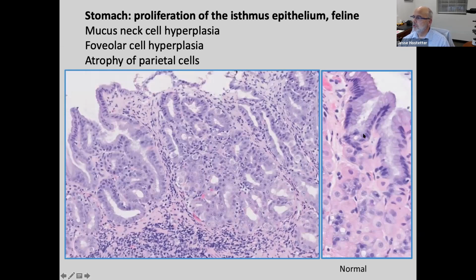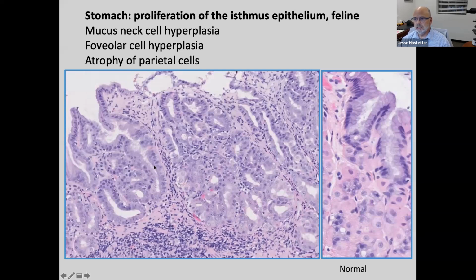If we start with normal, we have foveolar epithelium that blends in with the parietal and chief cells. The proliferative compartment is right here at the junction of those two at the gastric pit, and it's usually pretty non-distinct.